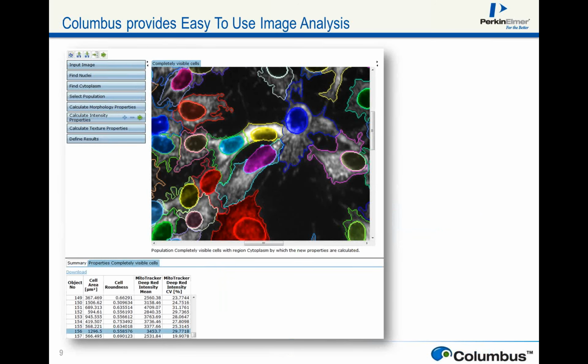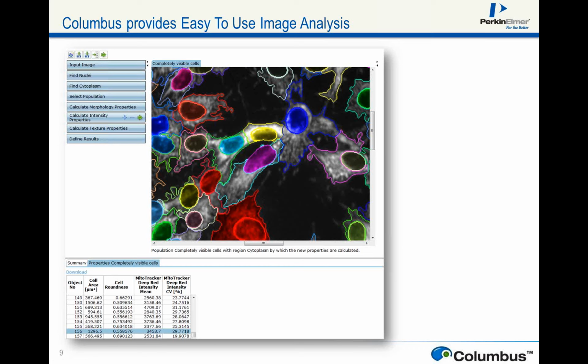And it's very intuitive to apply these building blocks. Using our Columbus system, you can add modules in sequence. For example, here on the screen, you can add find nuclei to find all the nuclei within your image, find cytoplasm to determine the cytoplasm border, select population, perhaps to filter out the cells that are dying, and then calculate some statistics, morphologies or phenotype.